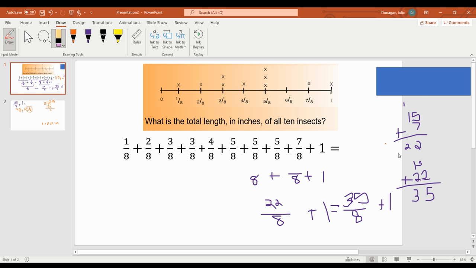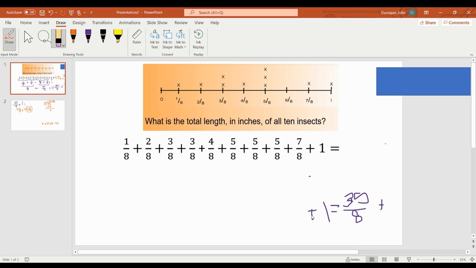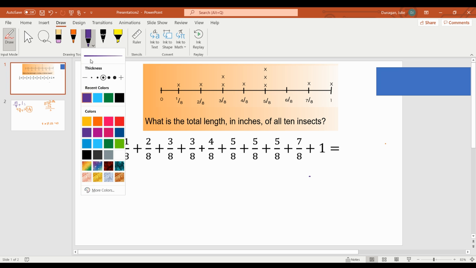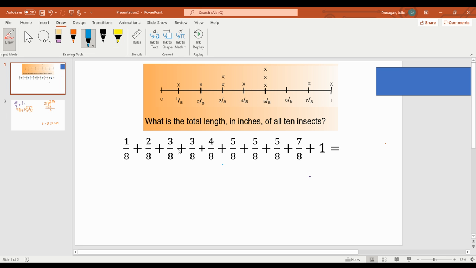So the way we would do that is we would look at our fractions that we have written out. Okay. And we know if we want to make ones, we need 8/8, correct? Right? Any number over itself equals 1. So we would have 8/8.